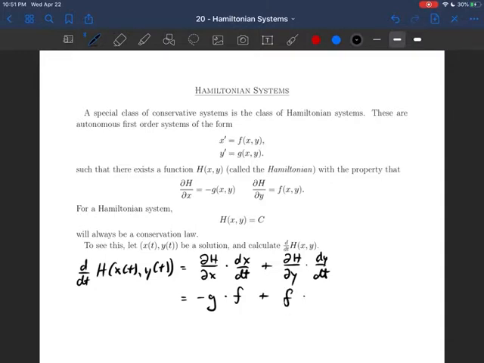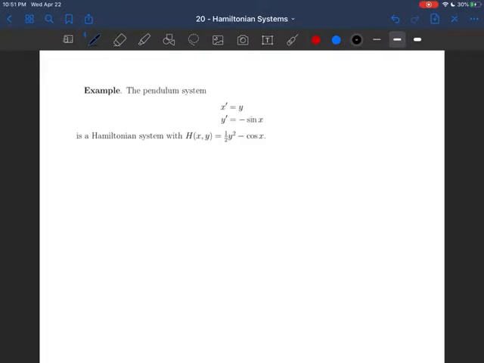Because this is a differential equation, dx dt, from our first equation up here, x prime is equal to f. In the second term here, because it's a Hamiltonian, dH dy is f. And dy dt from the differential equation is g. So minus g times f plus f times g, that equals 0. So since the derivative of H with respect to t is 0, that means that H is constant with respect to time. All right, so we've got ourselves a conservation law if things have this particular form.